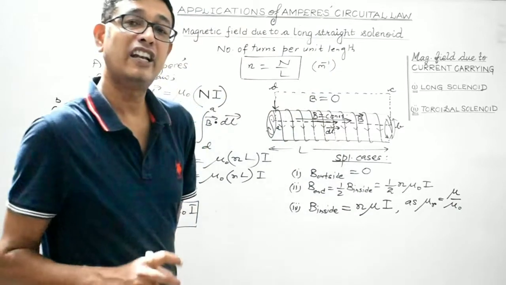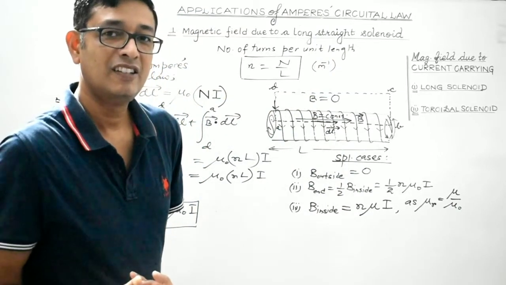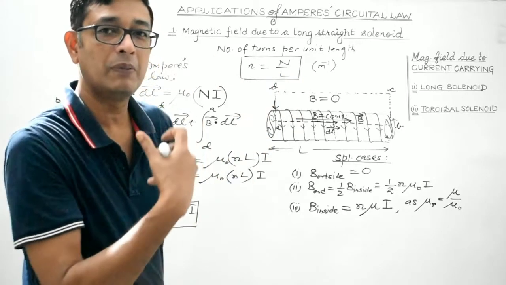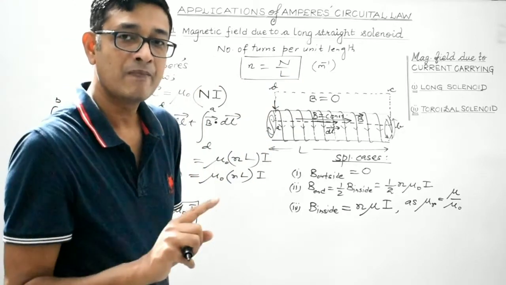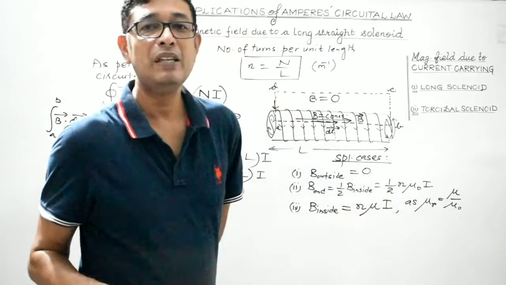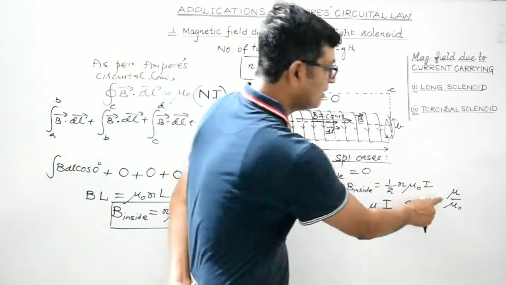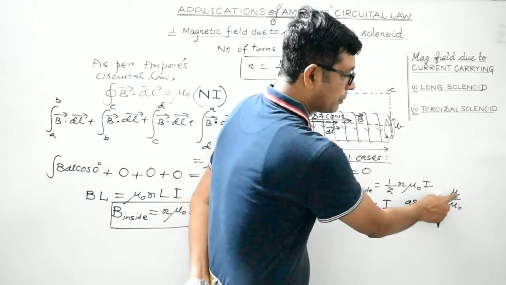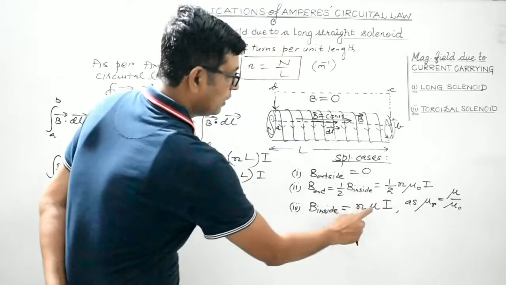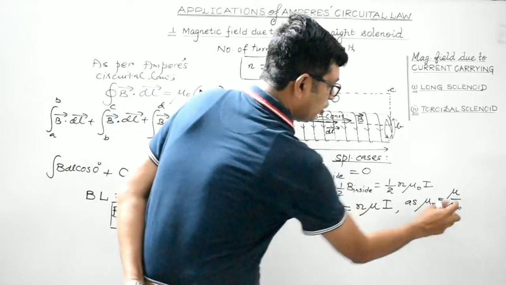And students, the relative magnetic permeability is mu by mu naught. Just like relative permittivity is defined as the ratio of the absolute permittivity of the medium to the absolute permittivity of free space, similarly in magnetism we define relative permeability. It is defined as the ratio of the absolute permeability of the medium to the absolute permeability of free space. So in place of mu, you can write mu r into mu naught.